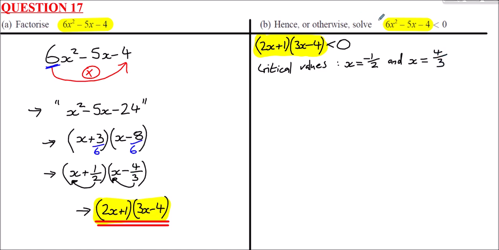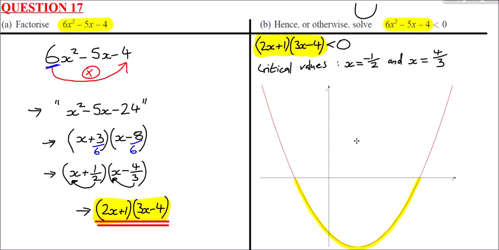I'd always suggest when solving a quadratic inequality, obviously make one side 0, and then imagine a graph. In fact, I would suggest sketching a graph. 6 is a positive value, so it's going to be a positive, happy-looking quadratic like this. And so we're trying to solve when it's equal to 0. Here's a cheat sketch. I didn't sketch it, I just took this from a website, essentially.